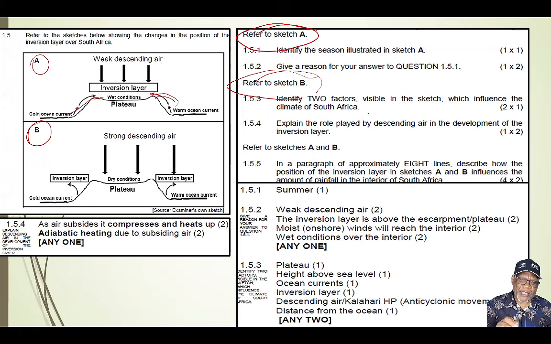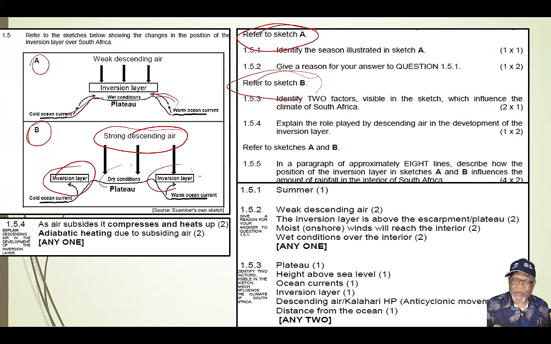What can you see here? This is number one. These are what you can see: weak descending air in sketch B. Identify two factors. You can see there is the plateau, the height above sea level, and ocean currents.